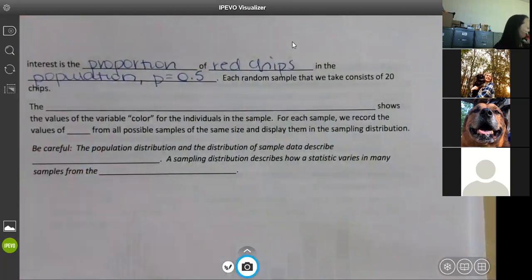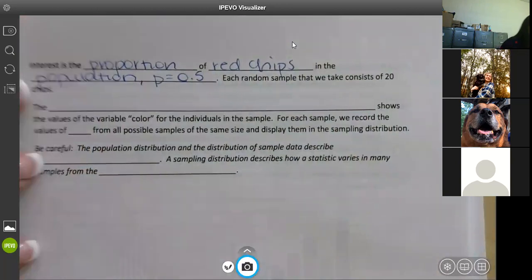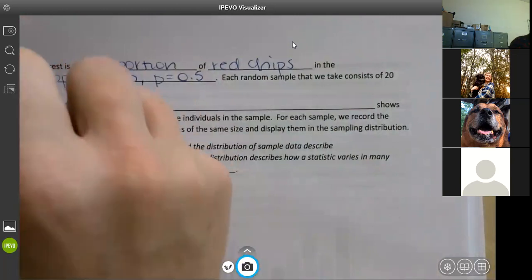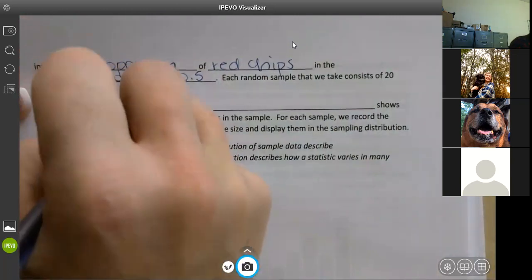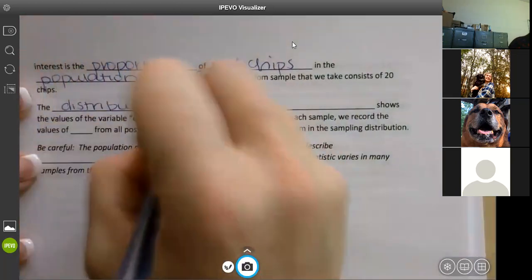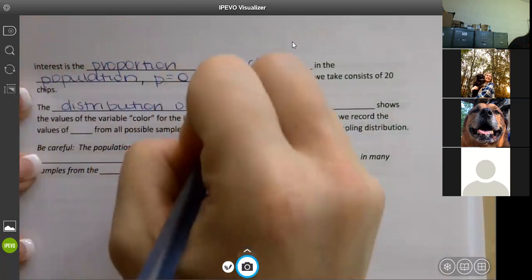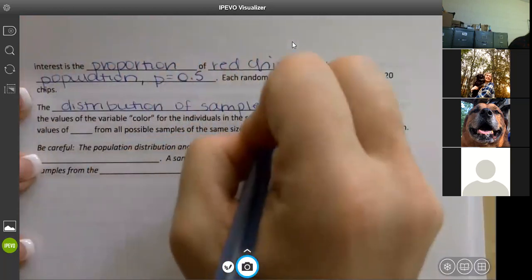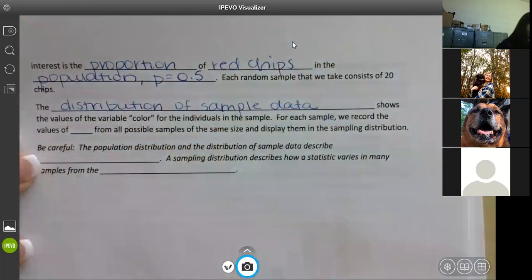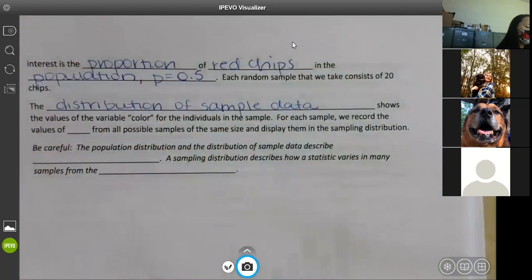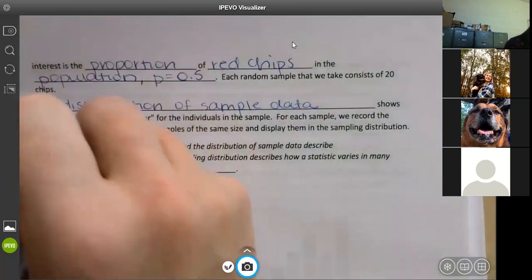Each random sample that we take consists of 20 chips. The distribution of sample data shows the values of the variable color for the individuals in the sample. For each sample, we record the values of p hat.